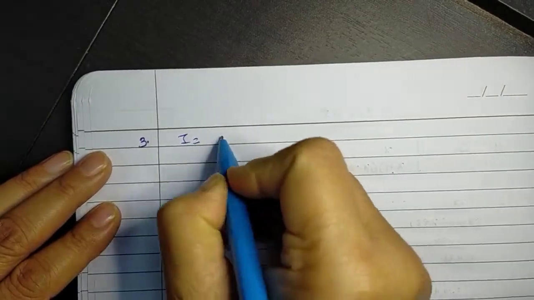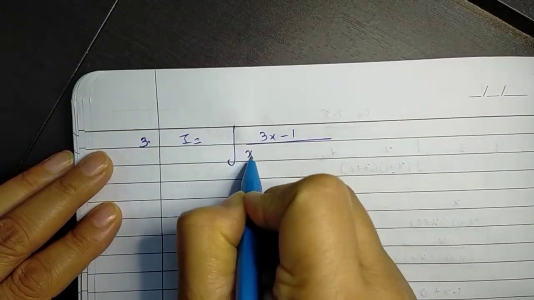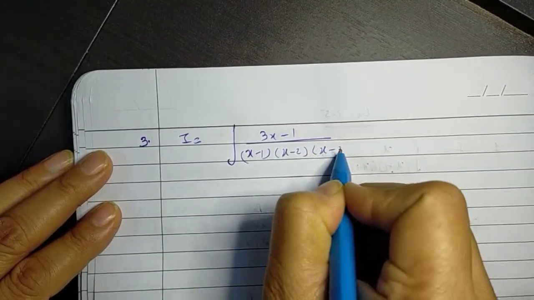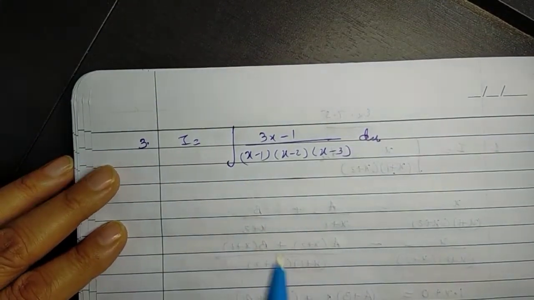So let's start with question number 3. Question number 3 says integral of (3x minus 1) upon (x minus 1)(x minus 2)(x minus 3) dx.